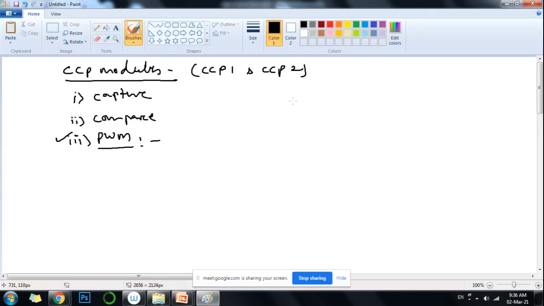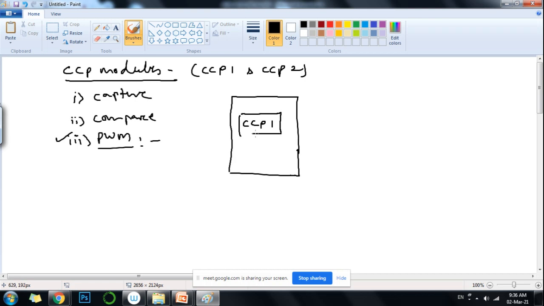Suppose you have this your microcontroller, and this is suppose CCP1 module which is being operated in PWM mode. Then it will use that corresponding pin, as you know that it is RC2/CCP1 pin. So it should be configured as output pin, and it will generate a waveform which is a PWM waveform.